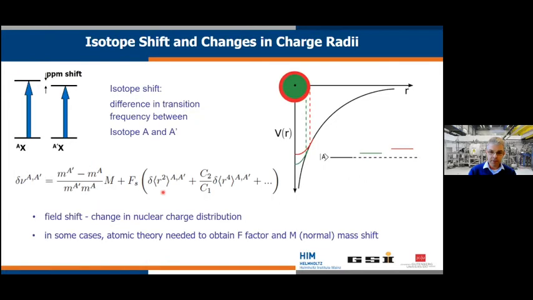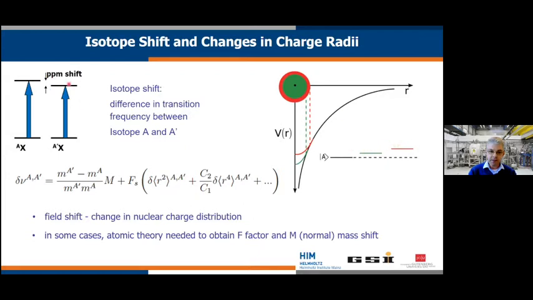So let's first look into the isotope shift. What we have here is a shift in a transition on the ppm level. If you go to this cartoon picture of a nucleus with a certain size, you can see the green and the red one differ a little bit in size. Of course, this changes the shape of the nuclear potential, and accordingly, the energy levels will shift.